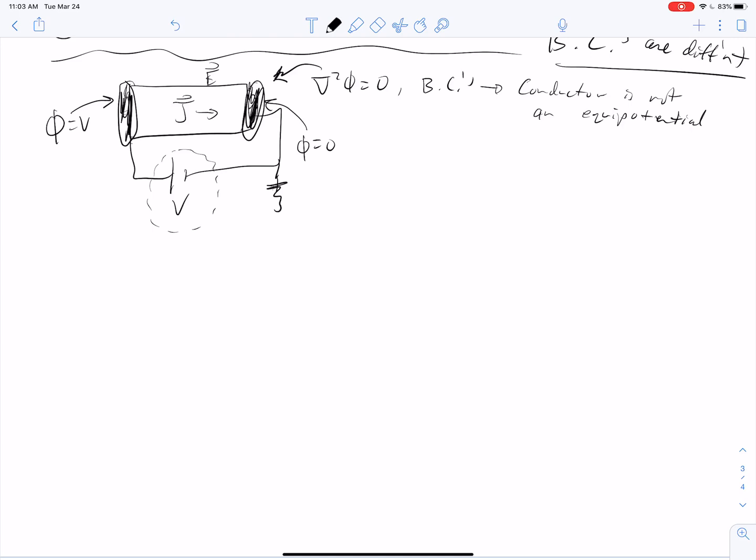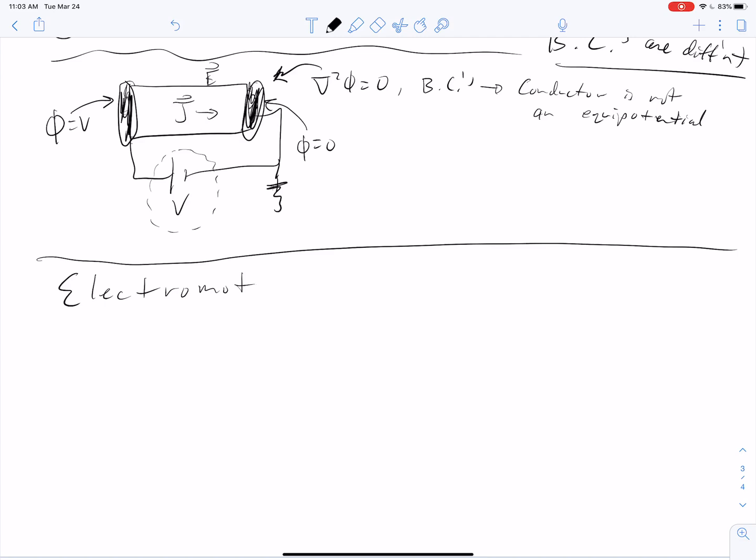Okay, so now we're going to talk about the next topic today, which is electromotive force. This is one of these topics where it's really simple and hard at the same time, like so many topics.